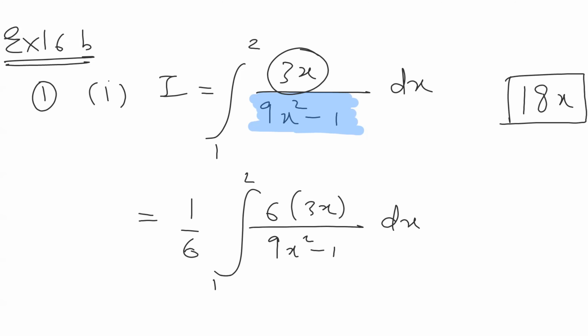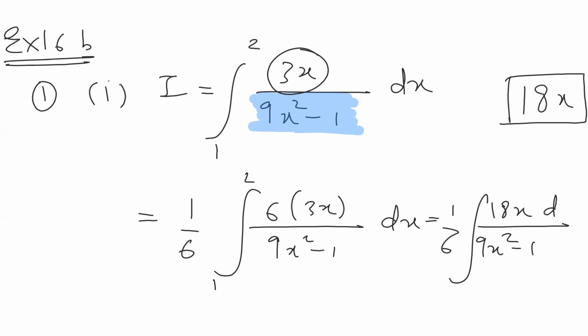So this is 1 upon 6 times 18x upon 9x square minus 1 dx. So this is f dash x, and down it is f of x. So we'll use the property of f dash x upon f of x, which is log modulus f of x plus c.